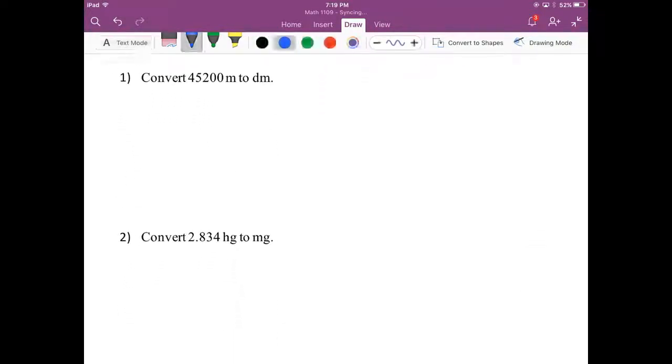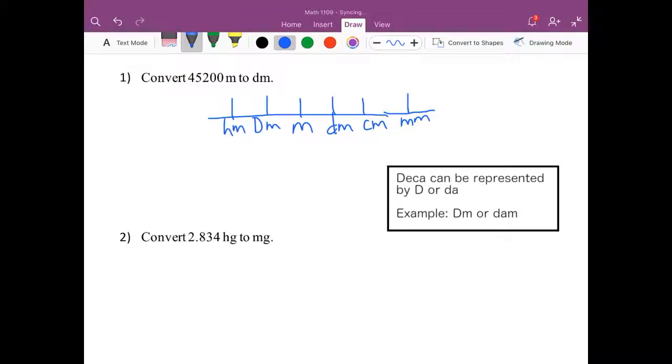So the first thing I like to do is to actually draw that line. So here we're going from meters to decimeters. So little d is deci. So let's draw our little chart. In the center we have meters, and we get decimeters, centimeters, millimeters, and up here we have decameters, hectometers, and kilometers.